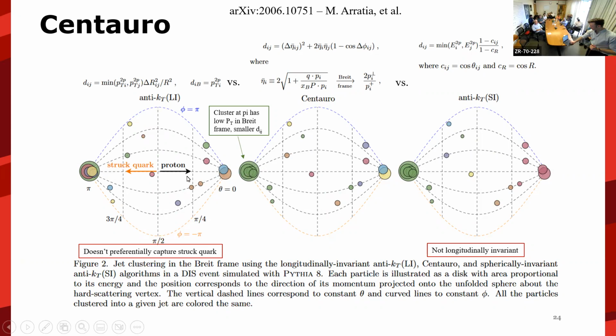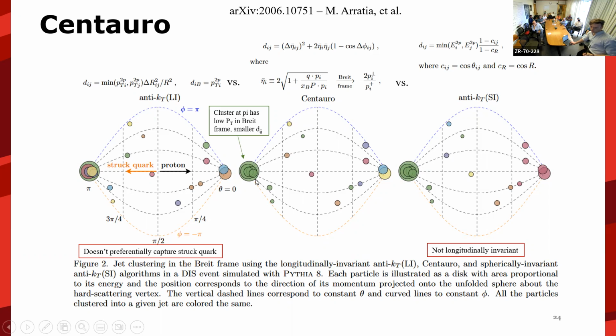Yes. So the longitudinally invariant anti-kT, if you apply it in the Breit frame, so these are basically DIS one-jet events, and the color of these circles is which jet they are in. For longitudinally invariant anti-kT, which is basically what we use at the LHC, it doesn't reconstruct a jet in this event.